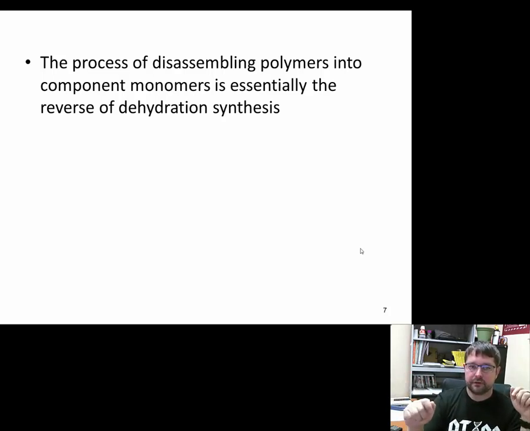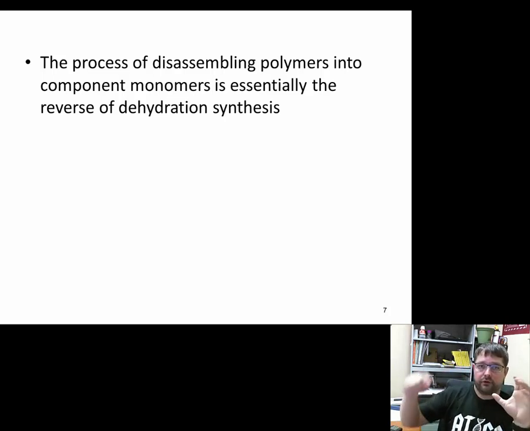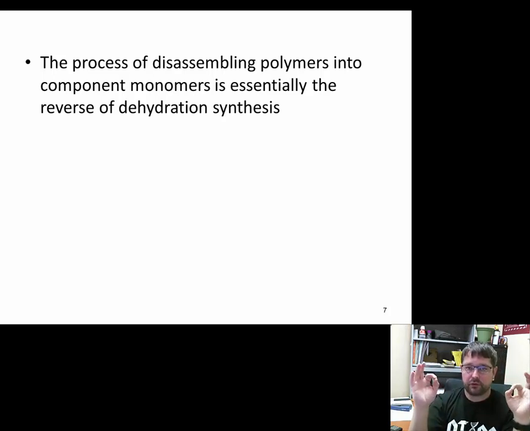That sucrose would then go into your stomach and encounter enzymes called sucrase, and those enzymes would grab the sucrose molecule and change its shape just a little bit, just enough for water to come in and break the bond between glucose and fructose.